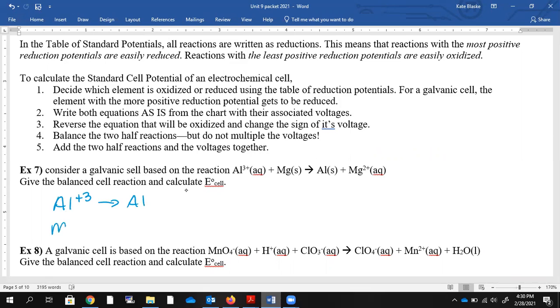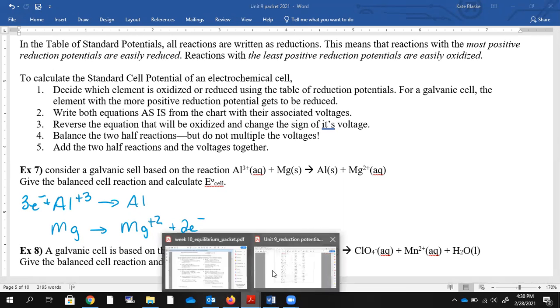And then I've got magnesium forming magnesium +2. No extraneous balancing on these because there's no hydrogens and no oxygens. So I just need to balance my electrons. I've got 3 electrons on here to make that charge balanced, and 2 electrons over here to make that charge balanced.